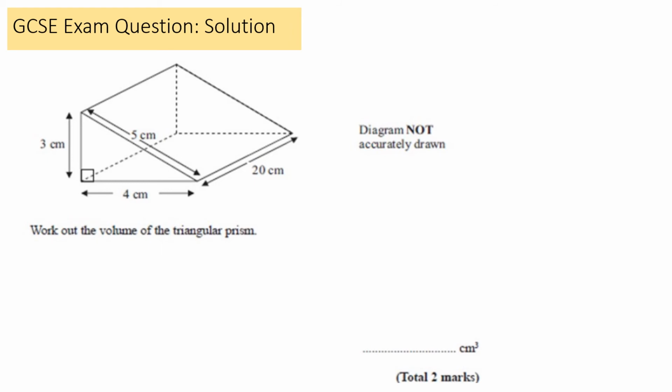Now let's check. So the area of the cross section would be 3 times 4 divided by 2 because it's a triangle, and that gives me 12 divided by 2, which is 6 cm squared.